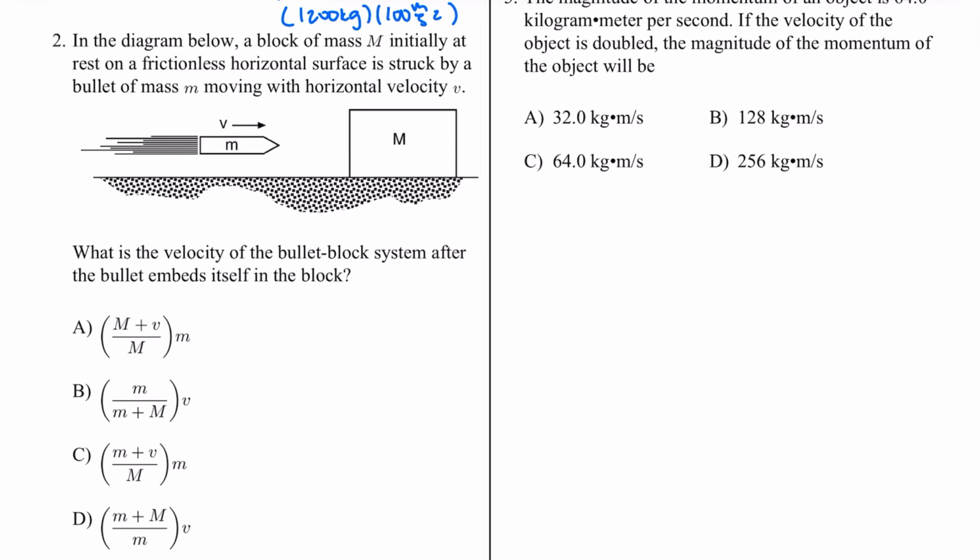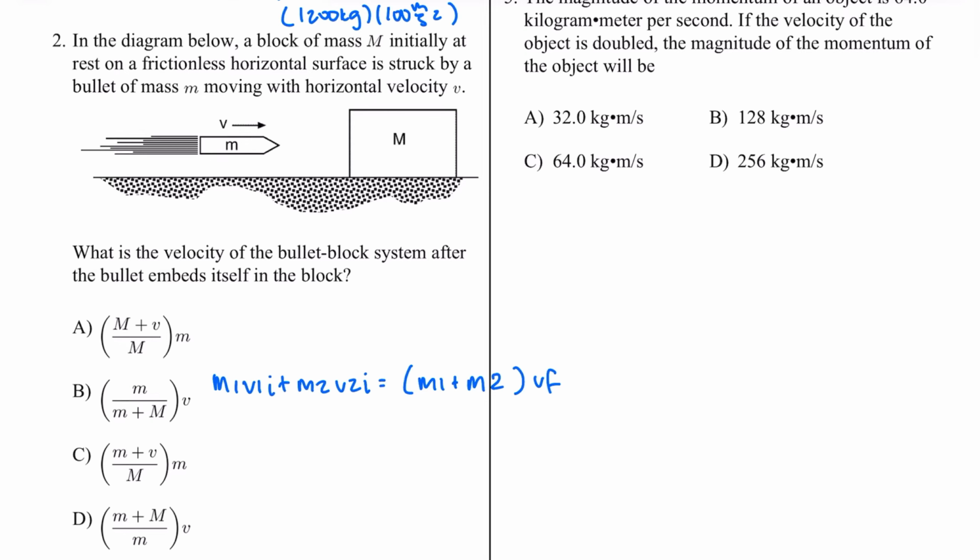In order to solve for the velocity of the system after the bullet collides and sticks to the block, we need to use the inelastic collision equation, which is m1v1i plus m2v2i equals m1 plus m2 times vf. And then we have to isolate the variable vf. So we have to put this formula into the terms of the question.